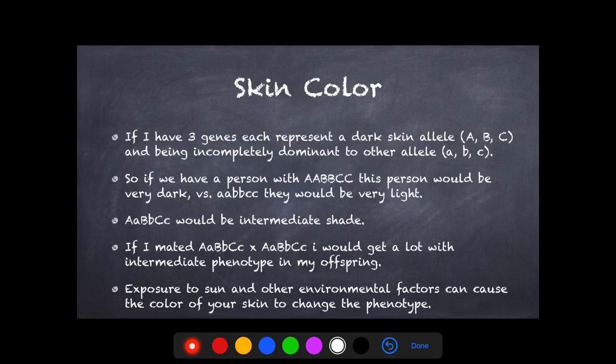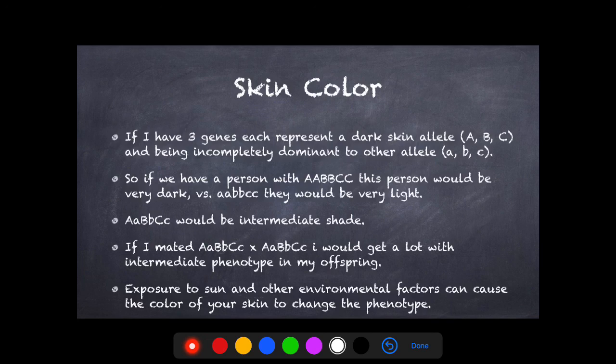And if we put this together, we can say that if I have a person with capital AA, capital BB, capital CC, this person is going to be very dark because they're showing that dominant part of those alleles. But if I have lowercase aa, bb, cc, they're going to look very light, right? But if I have capital A, little a, capital B, little b, capital C, little c, they're going to show an intermediate shade somewhere in between the super dark and the super light.